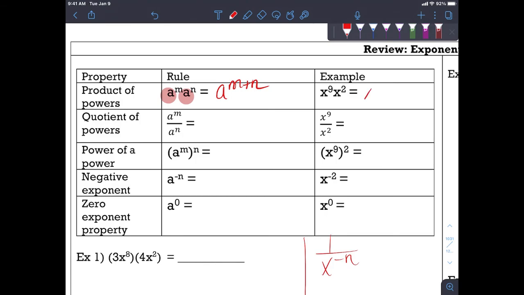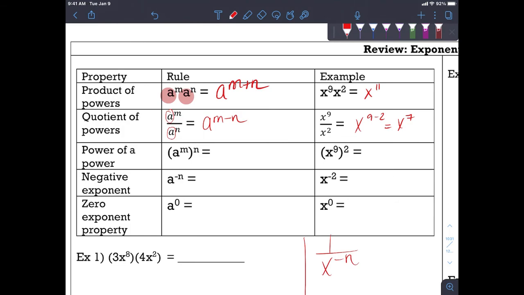So over here, this would become x to the power of 11. The quotient of powers: whenever they're dividing and they have the same exact base, I just subtract them. So over here, I end up with x to the power of 7.